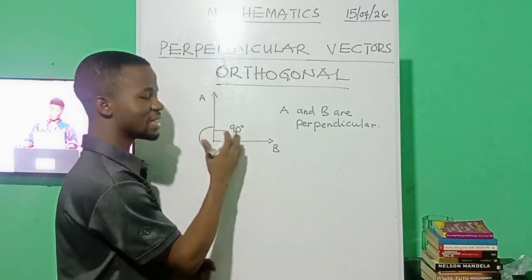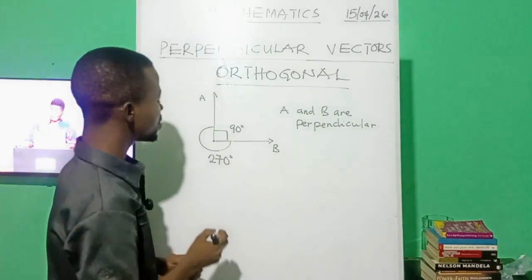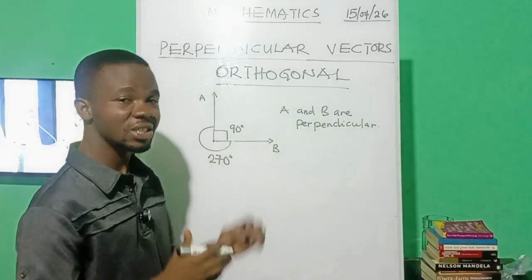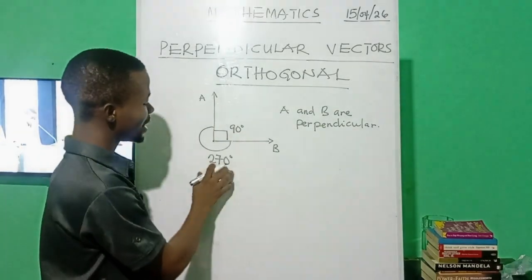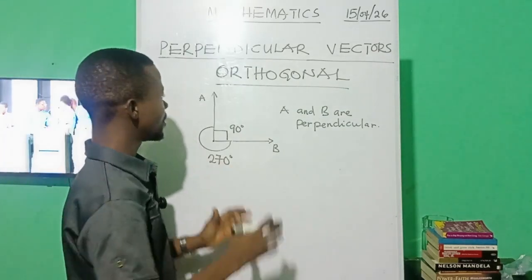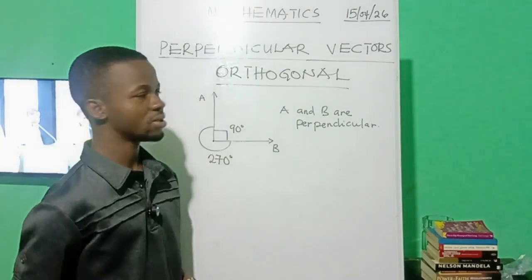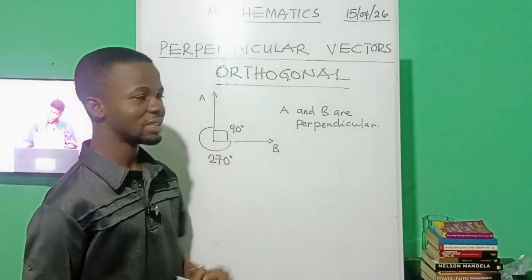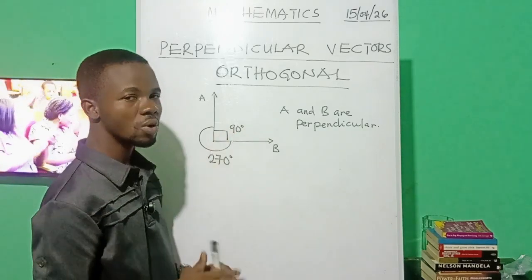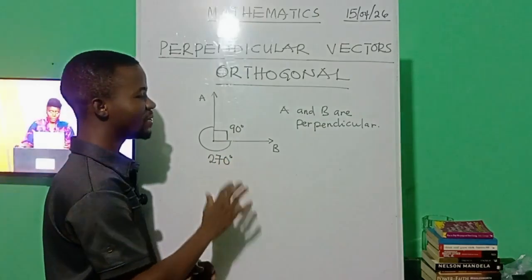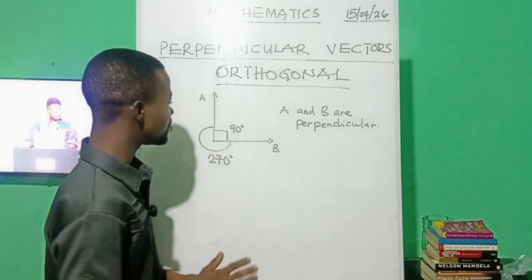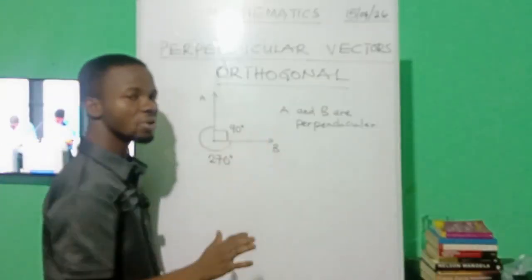So what angle do you add to 90 degrees to get 360 degrees? That is 270 degrees. So we can also say that perpendicular vectors or orthogonal vectors are vectors that meet at 90 degrees or 270 degrees.